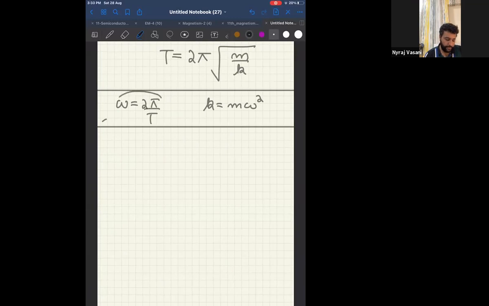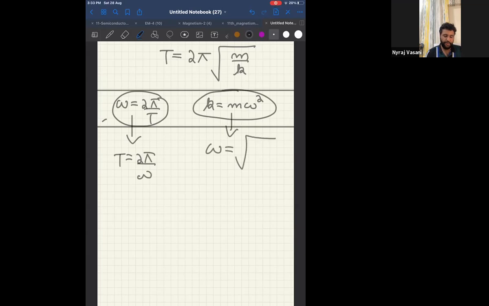from the first formula, I can write T is equal to 2 pi by omega. And from my second formula, I can write omega is equal to square root of k by m. Correct? Now put that value of omega over here.